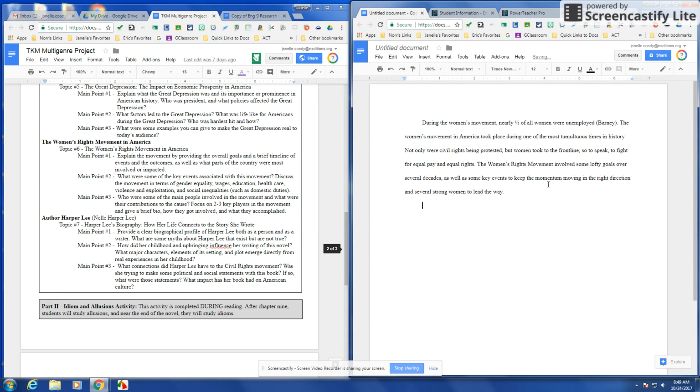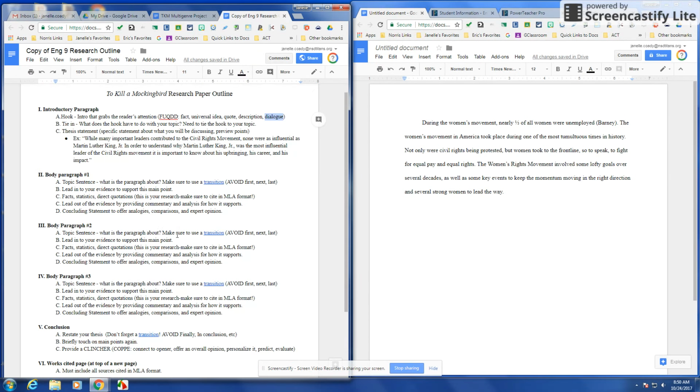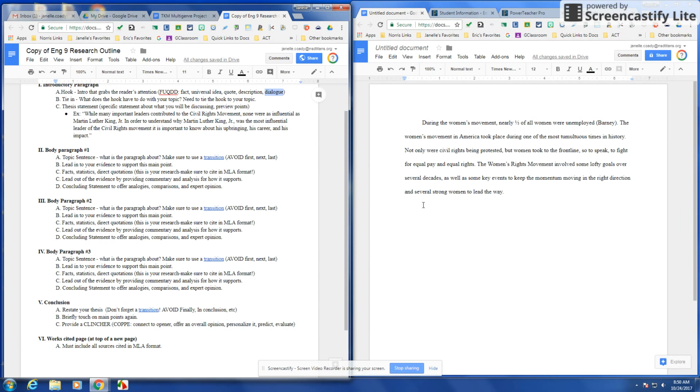Now when we get into the next part, if you go back to the outline, it says a topic sentence. So this topic sentence needs to reflect the goals and the timeline. You don't have to say it exactly the same way. When the women's movement began, whatever year that was, you guys that have done the research can pinpoint that. Several goals were established.